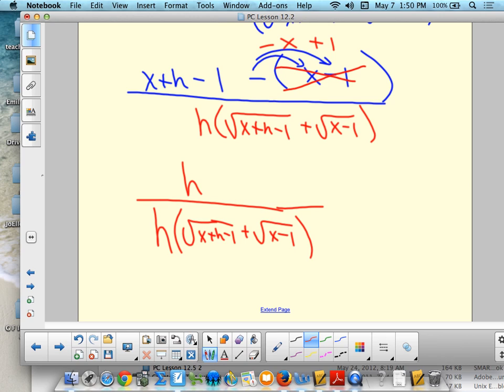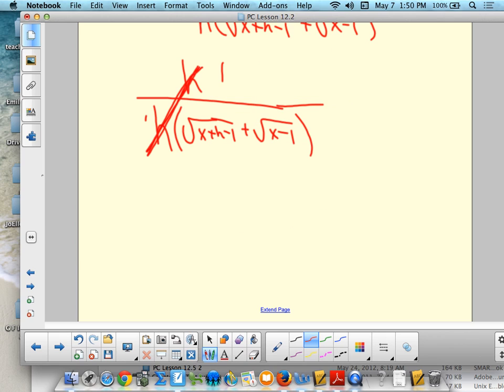The h's cancel. When you cancel an h over an h, you put 1 over 1. So really the simplified expression is 1 over the square root of x plus h minus 1 plus the square root of x minus 1.